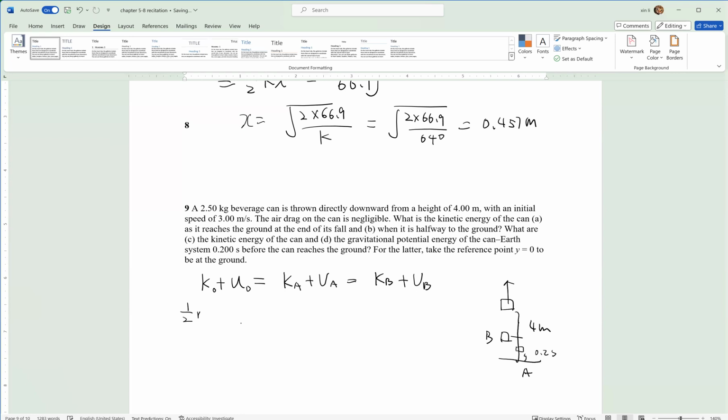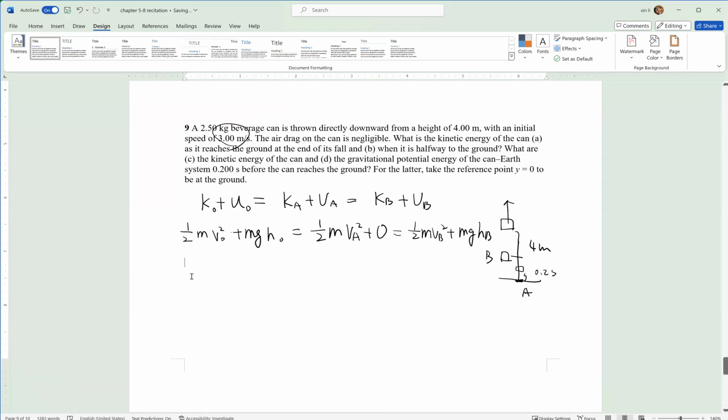Initially we have 1/2 m v initial squared, plus m g h initial, which equals 1/2 m Va squared plus, since A is on the ground, 0, and that equals, by energy conservation, Kb plus m g hb.